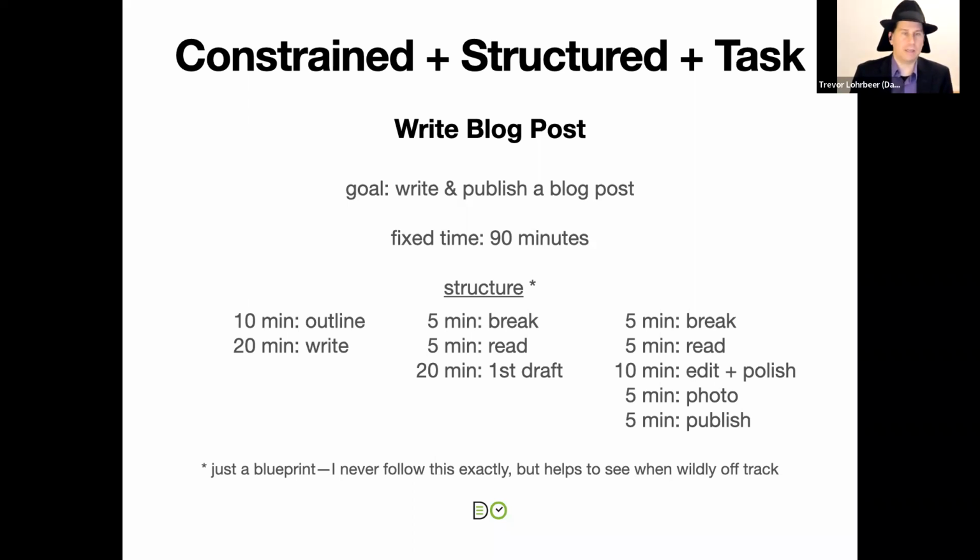If it's an hour and I'm not at my first draft, okay, what's happening? So this lets me take a step back and reevaluate. Sometimes I reduce the scope of the blog post and then come back at it with a renewed approach so I can make it more effective.